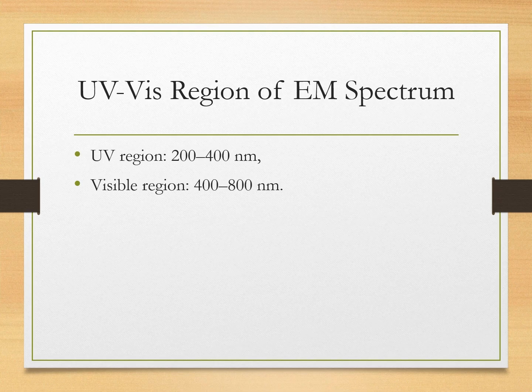This is the visible region, whose range is from 400 to 800 nanometers, and this is the UV region, whose range is from 200 to 400 nanometers. In the visible region, colored compounds are studied, while in the UV region, we analyze molecules containing chromophores. The lambda max of a substance indicates where maximum absorption occurs.